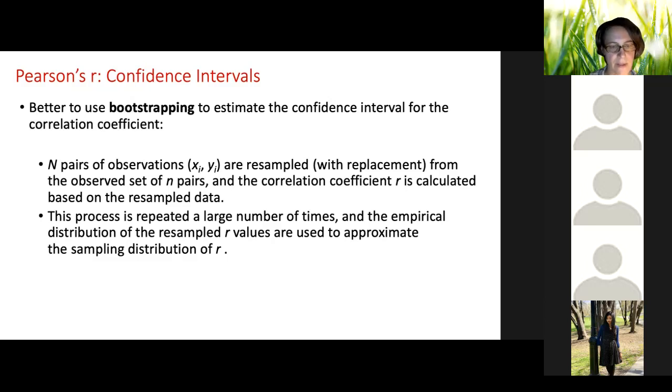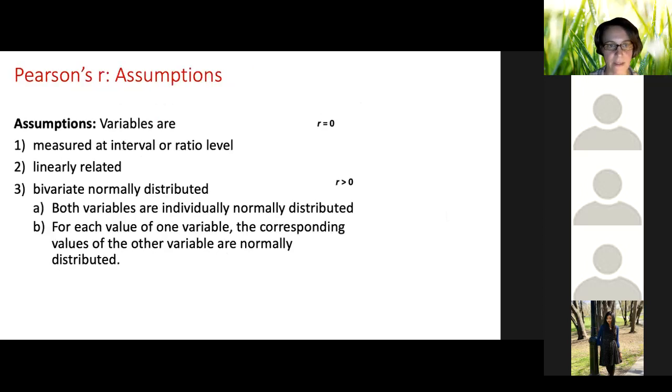It is important that we sample with replacement, so we can put them back. That's how we get variation in our samples. We do that many times, and then we can approximate the sampling distribution of R. So we can basically simulate it, and that leads to much better estimates than using the R to Z transformation, especially under certain circumstances.